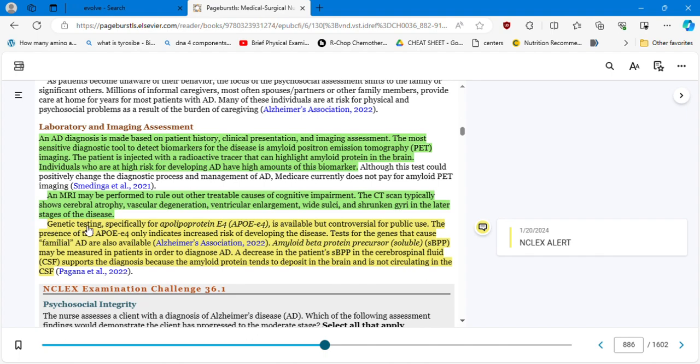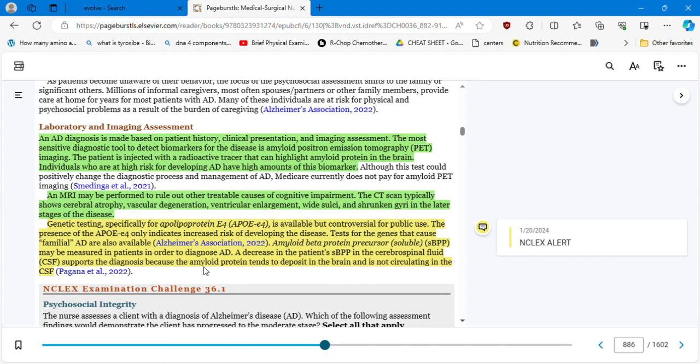Genetic testing, specifically for apolipoprotein E, the APOE, is available but controversial for public use. The presence of this protein only indicates increased risk for developing the disease. So there are different genetic tests.